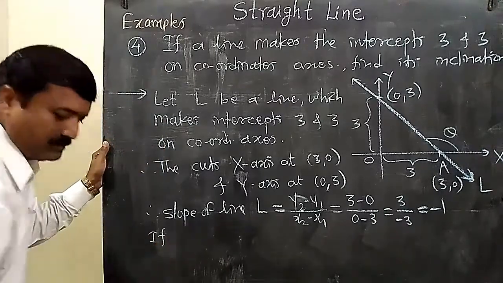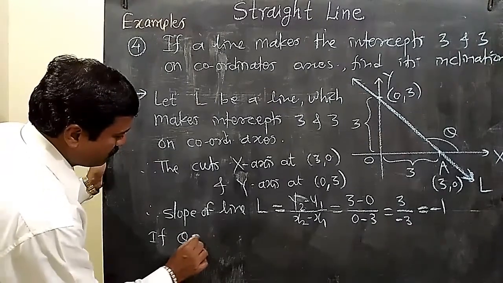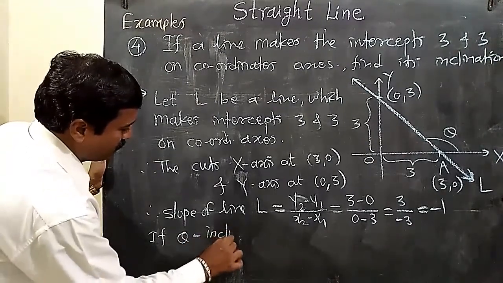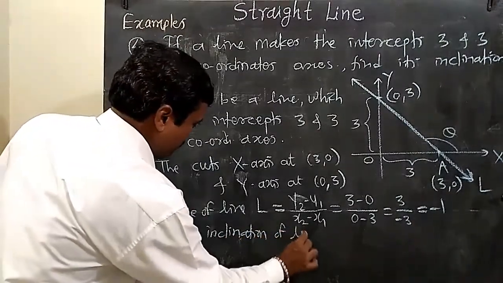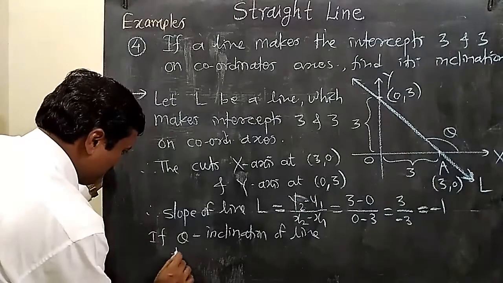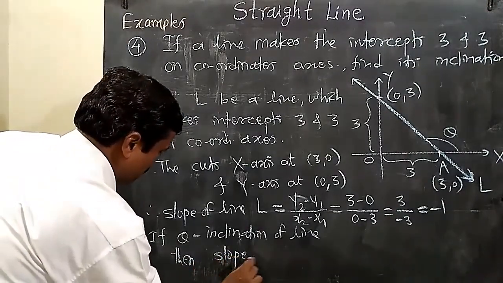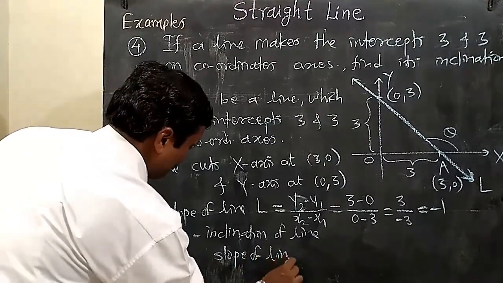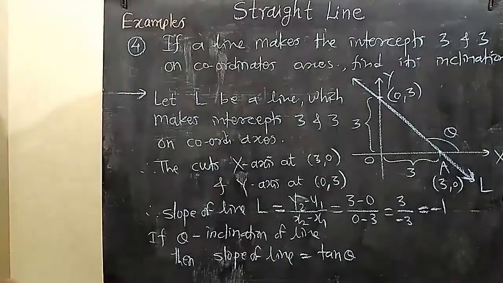Consider, if theta is the inclination of line, then slope of line is nothing but tan theta.